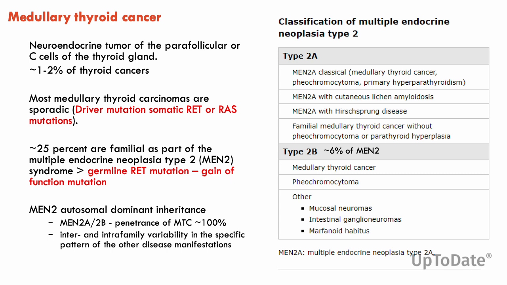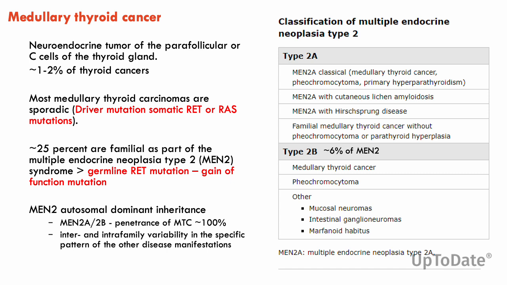MEN2 can be classified into 2A and 2B. Both of the subtypes of MEN2 usually have medullary thyroid cancer, which is usually the first disease that presents in this syndrome. Type 2A, which is the more common type, also has hyperparathyroidism, which generally occurs in the third or fourth decade of life.